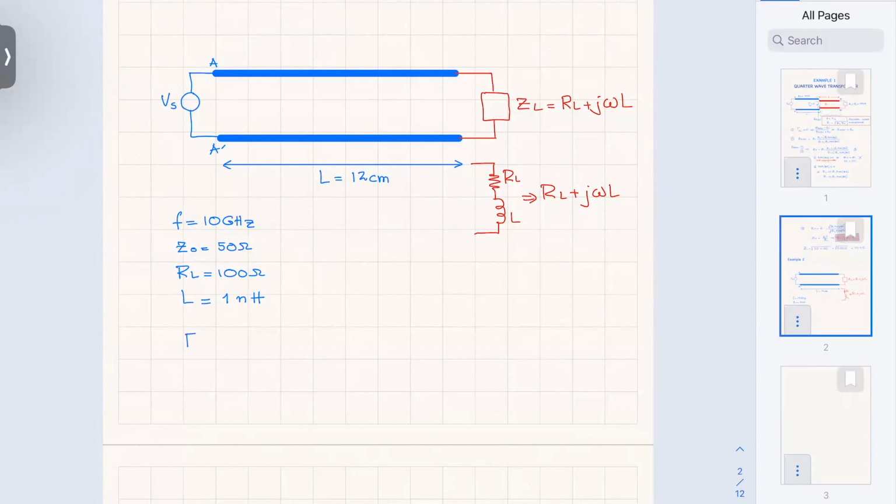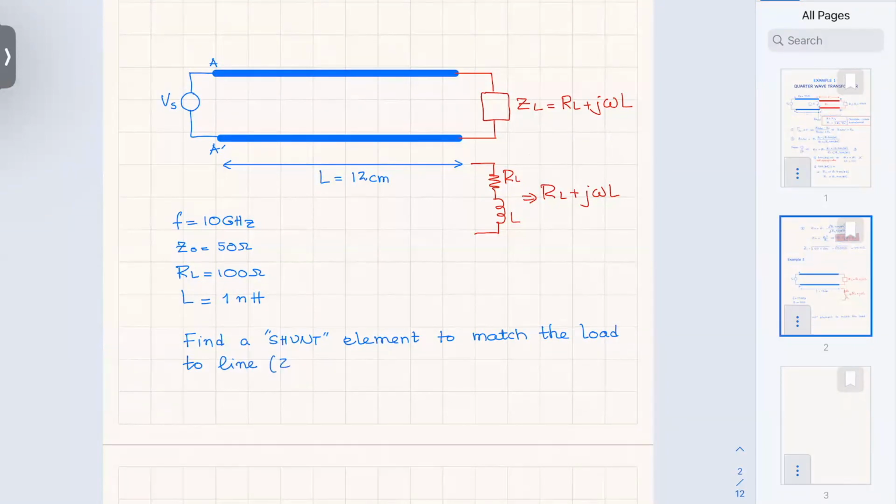All right? And now I'm saying I want you to solve it. So find a shunt reactive element, let me say element, to match the load to the line, to the source, if you like. Load to line. That's how we normally say it.